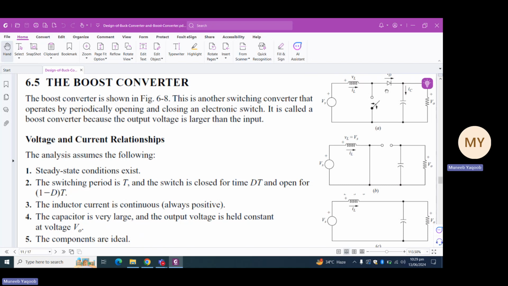If you compare this circuit diagram with the circuit diagram of the buck converter, you will see that the switch was in place of the inductor there, and the diode was in place of the switch there in the buck converter. So when we change these positions, the output voltages and the output currents differ from the previous configuration.